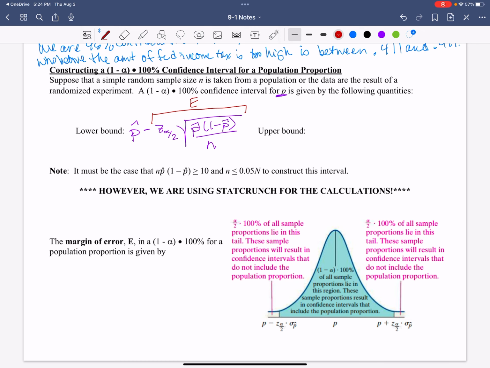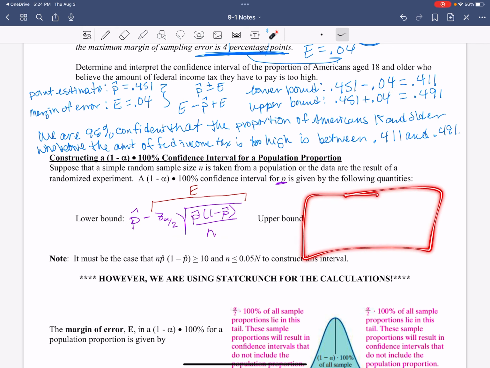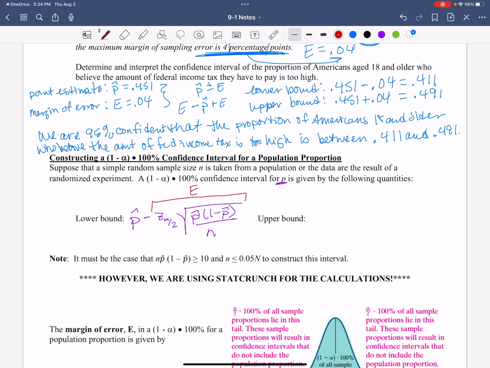I'm going to scroll this down just a little bit. Do you see what's going down right here? This is p hat minus the margin of error, which is what we did. So what do you think the upper bound is going to be? Yes, literally this exact same thing, except with the plus sign. Cool, right? Yeah, I think so too.